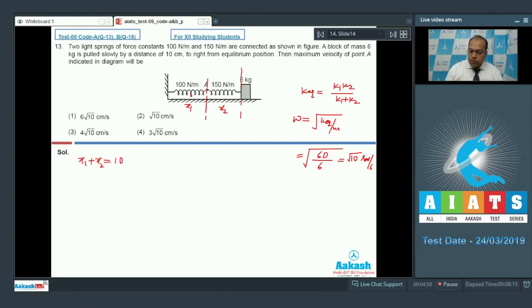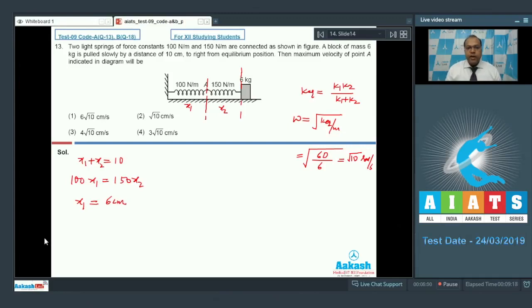Further, the force in these springs will remain the same as the arrangement is in series combination. So 100 into x1 is equal to 150 into x2. If I solve these two equations, the value of x1 comes out to be 6 centimeter.